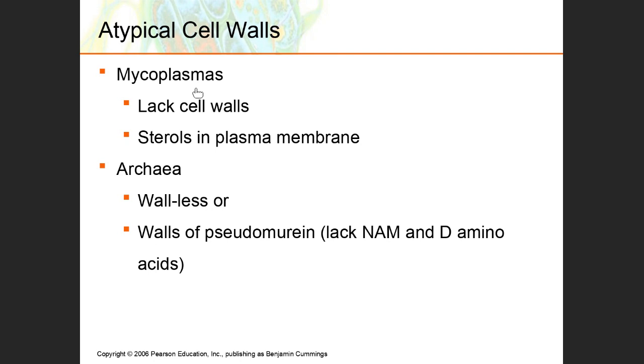So that was one of a few significant differences, and one of the reasons why the archaea were separated from the bacteria. Because remember, the two domains of life that are prokaryotic are bacteria and archaea. And they're two separate domains.